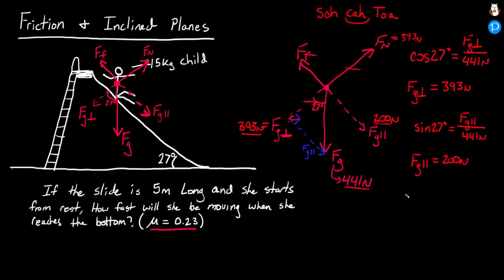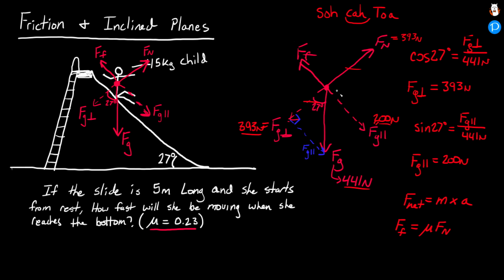So the first one is, we've got Newton's second law. Net force is equal to mass times acceleration. And then we also have force of friction is equal to the coefficient of friction times the normal force. Now the other thing we have to keep in mind is that if we know we're accelerating down the slide, that means we know that this force needs to be greater than this one, right?